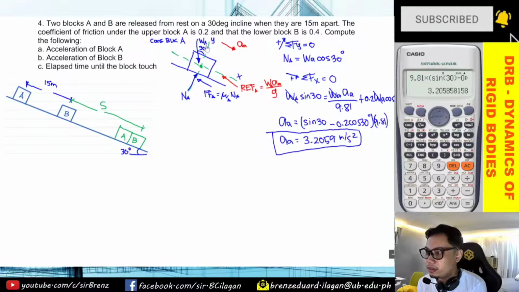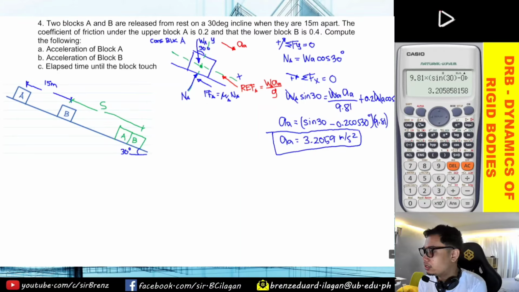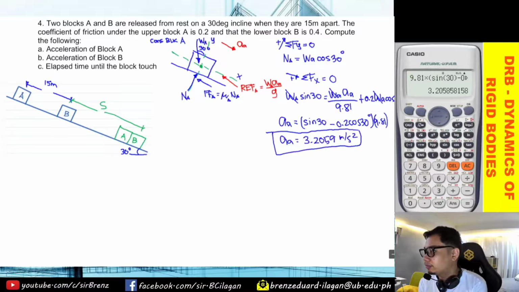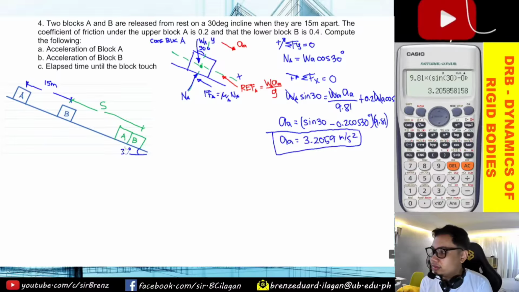And some of the variables: this A will become letter B, and also the frictional force. So again, I'll just copy this and change these values to B, and the coefficient of friction from 0.2 will be 0.4.